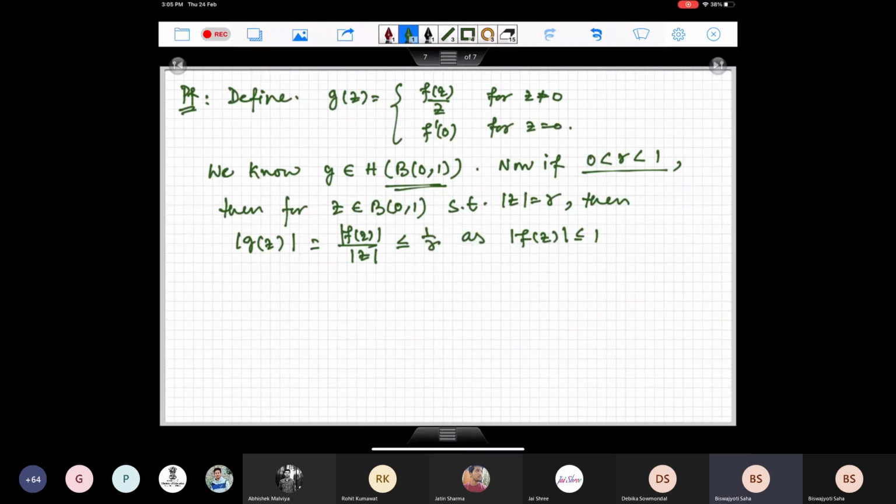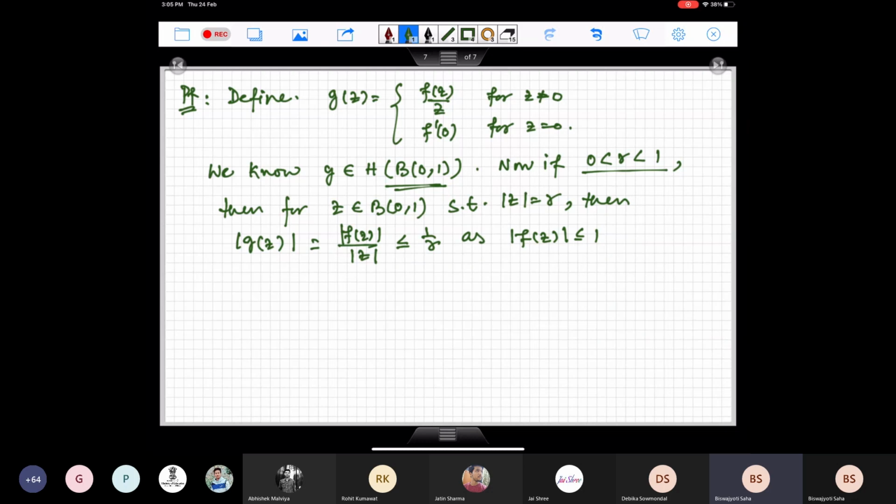Here I see that if I take the circle of radius r, then on that circle the absolute value of g is less than or equal to 1 over r.